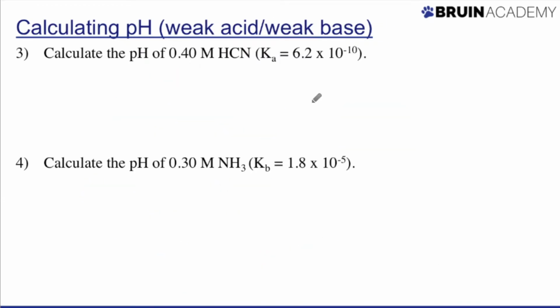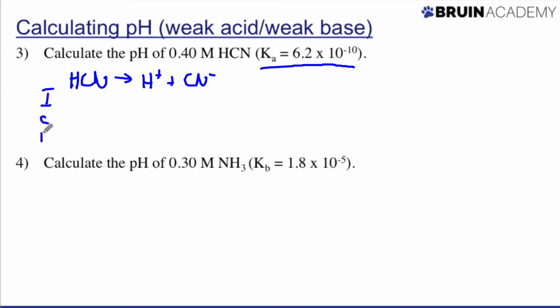So strong acids and strong bases tend to be a little bit easier than weak acids and weak bases. So we'll try some of these examples, and we'll see that we actually have to use ICE tables that we've seen before. All right, so let's start with 0.4 molar HCN. They give us the Ka value. So as usual, I'm going to write my dissociation reaction. HCN goes to H+ and CN-. And what I'm going to do is draw my ICE table.